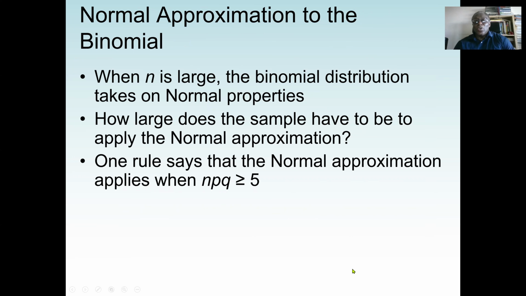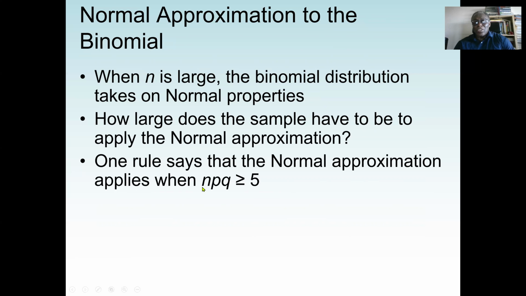Now, there's one thing we can do. Sometimes we may have a question where we have a binomial and we want to do a normal approximation to the binomial. This is only possible depending on the sample size. As the sample size gets larger, the binomial distribution will take on normal properties.